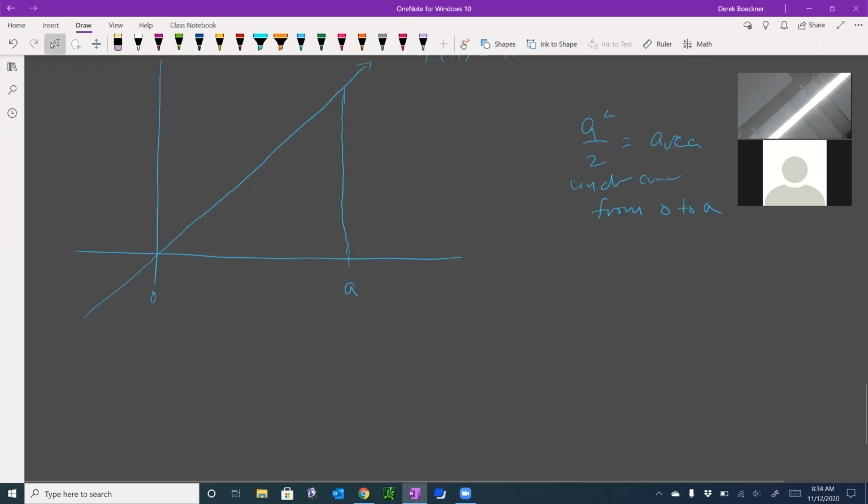So let's make sure that that's the case. Okay, so we need n rectangles. Each width is, what is the width between these two, what is the width of any one of these rectangles if I break up the area from 0 to a into n rectangles?